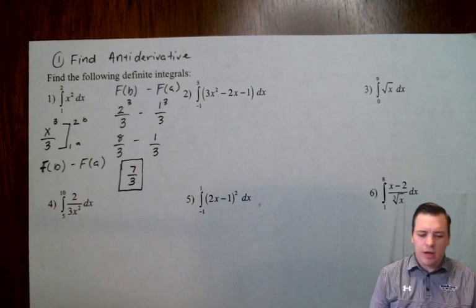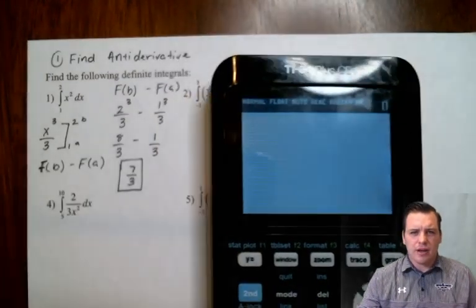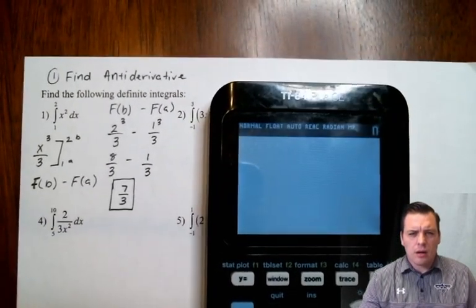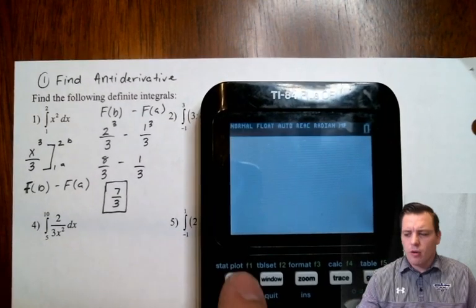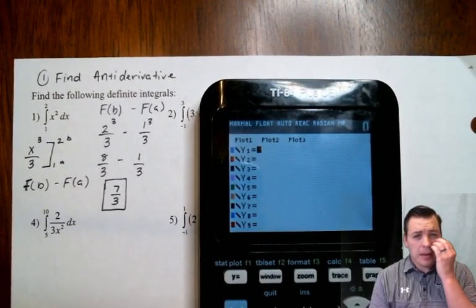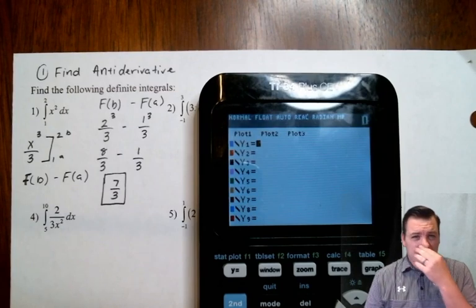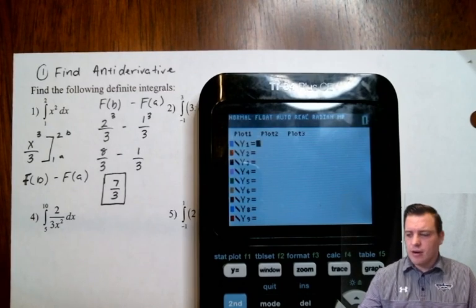Let's actually, so there's a way we can do this on the calculator as well. All right, so here we go. Calculator. Here's what we're going to do. We're going to go Y equals, and we're going to type in whatever our function is, x squared.